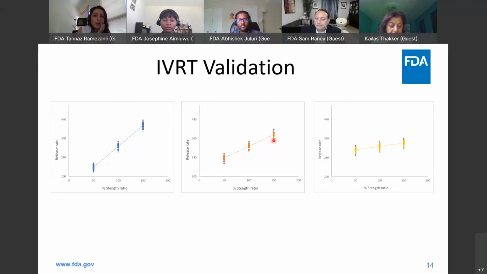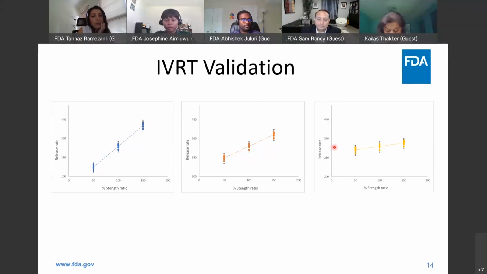But we also may have a case like the graph on the right, where we still see higher or lower release rate when we increase or decrease the nominal dose amount, but we are not really able to discriminate it in the selectivity study. And we see the slope of the specificity curve is very shallow.